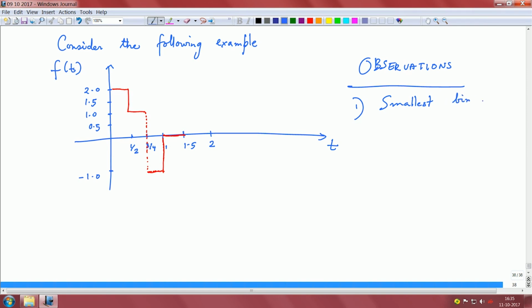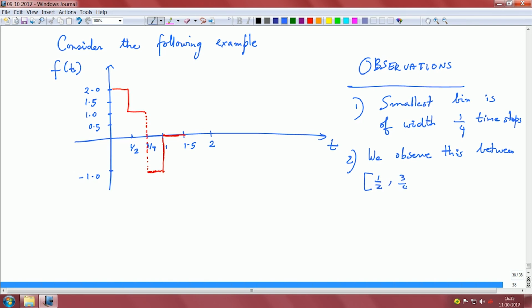Smallest bin is of width 1/4 time units, and we see this between 1/2 and 3/4 and between 3/4 and 1.